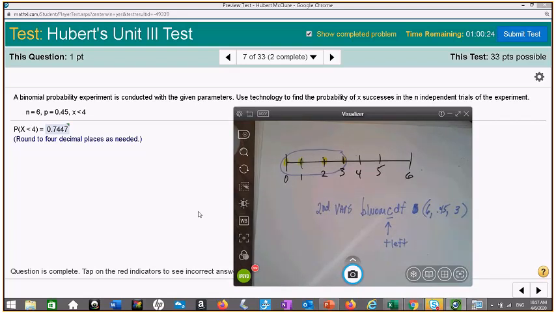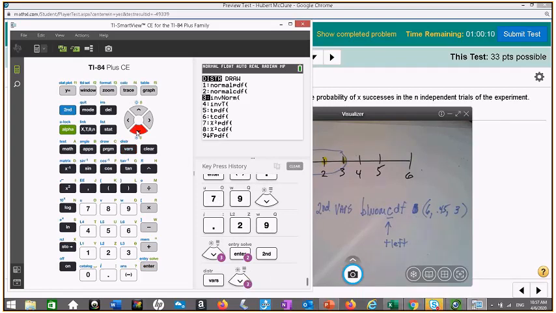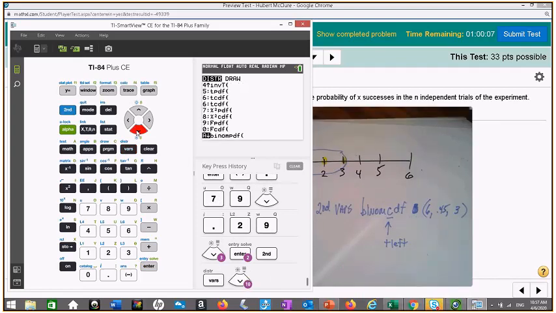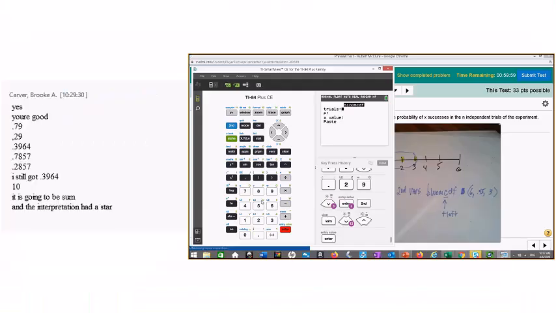Miss Carver, I'll wait on you to respond. I can pull it up right quick. Second, vars, binomial CDF, enter. Trials is 6.